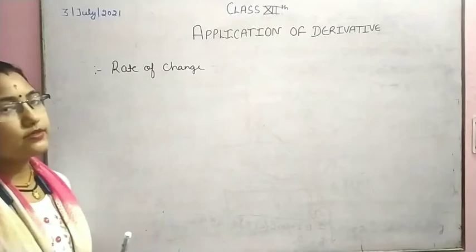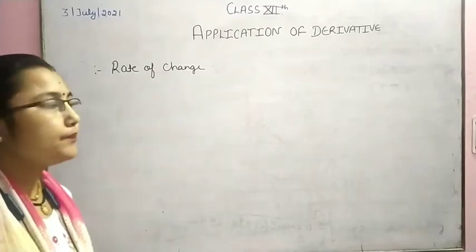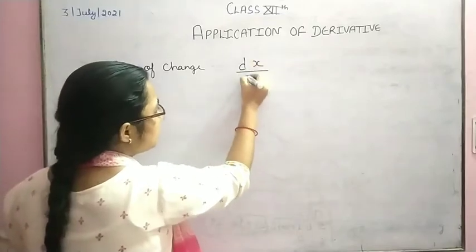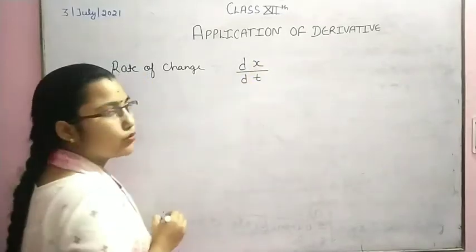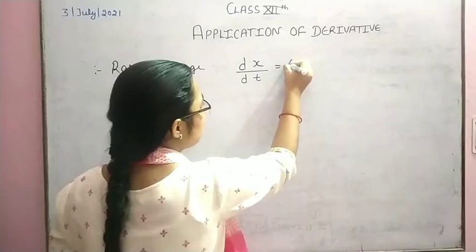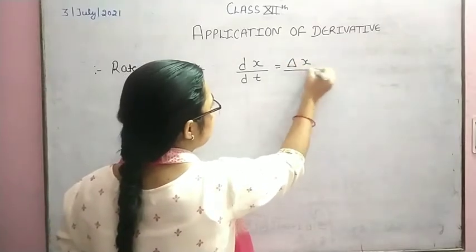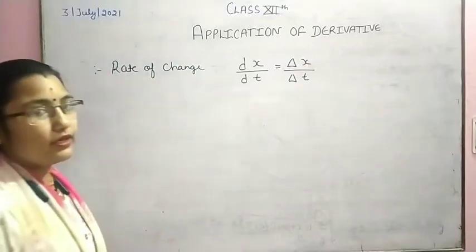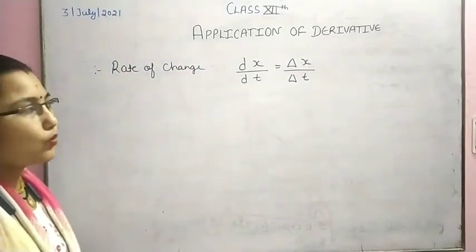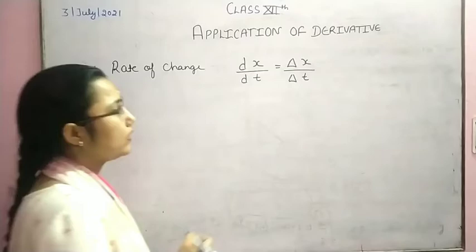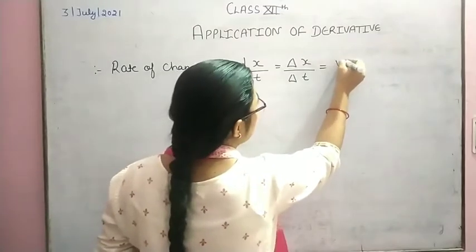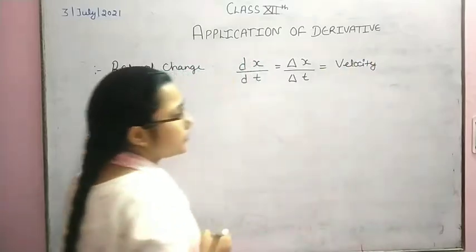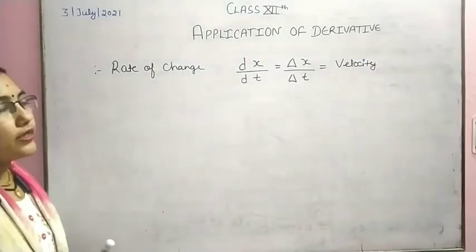If the distance is changed according to time, we can write distance is changed with respect to time, and this is also written as delta x over delta t. So the rate of change of the quantity distance, we get, is velocity. Correct?